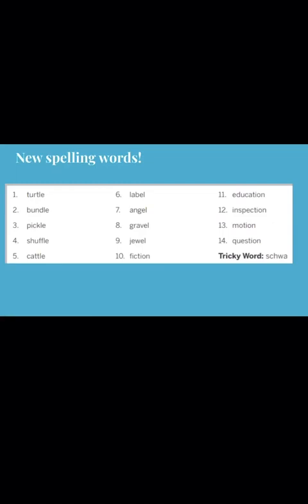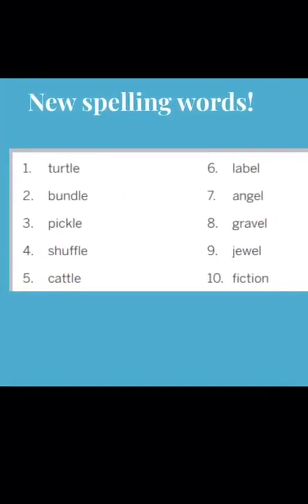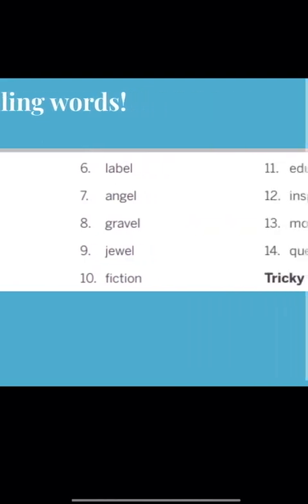Let's go through them together, starting with number 1, turtle, bundle, pickle, shovel, cattle. Notice all those words have that LE on the end. And that LE is making the O sound. Okay, next, number 6, label, angel, gravel, jewel, fiction.